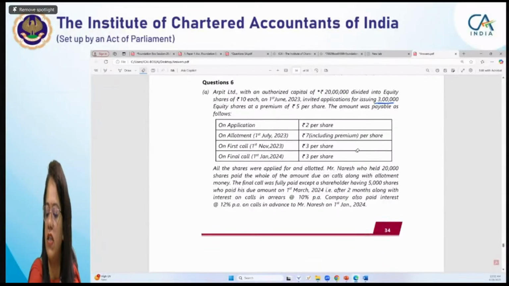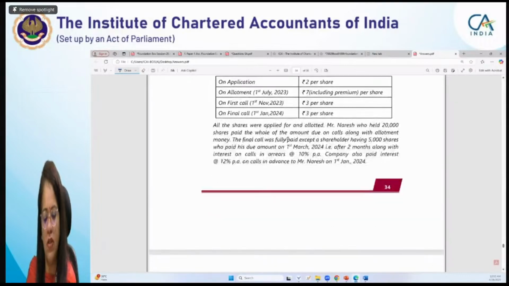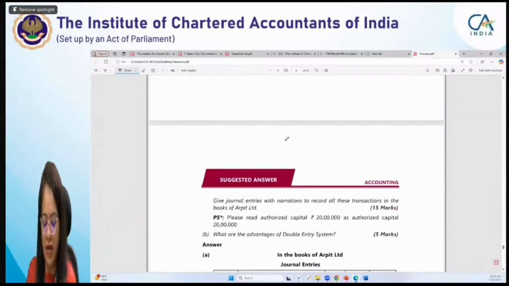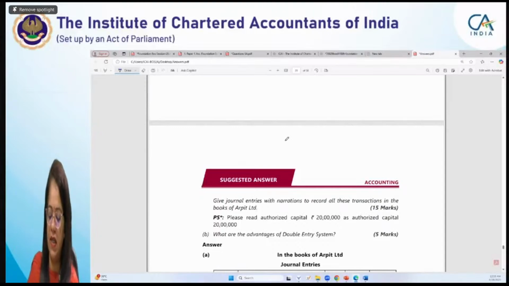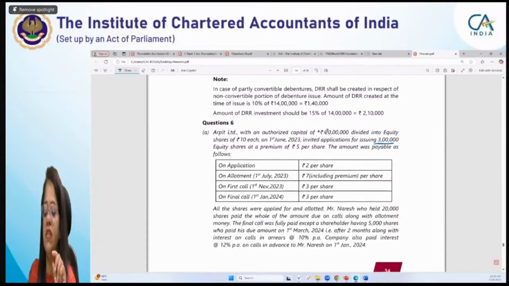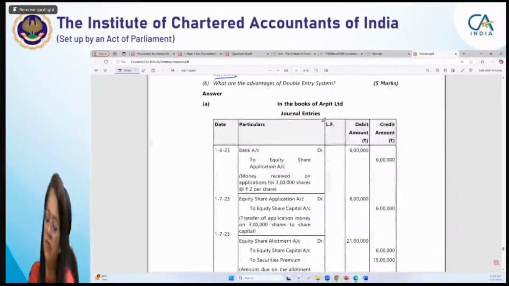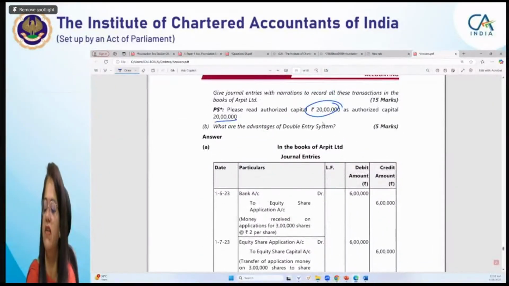This is an authorized capital of 20 lakh. All the shares were applied and allotted. Please read authorized capital of 20 lakh. This was a small error. The rupee symbol should not be here, but still it will not affect your answer. The answer will be very easy. We have already invited applications for 3 lakh shares.